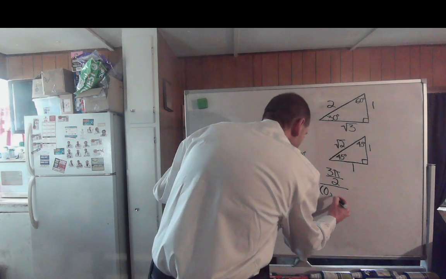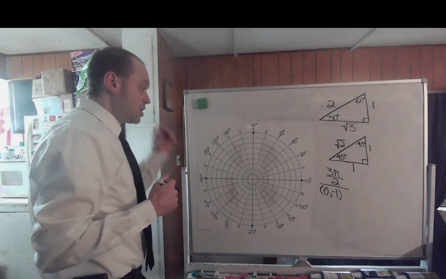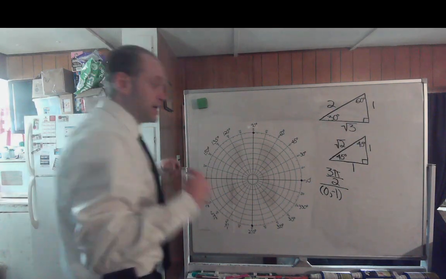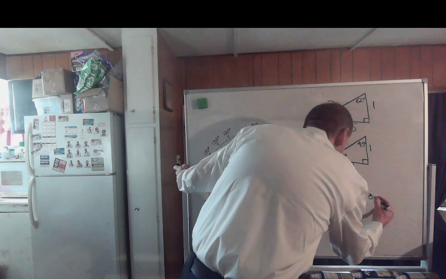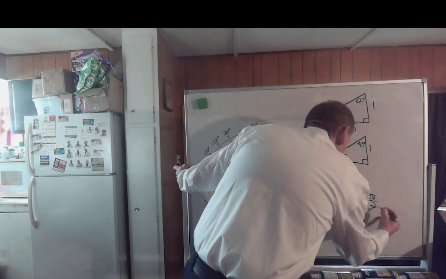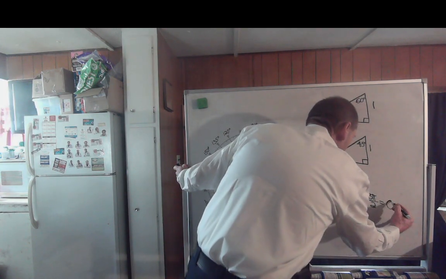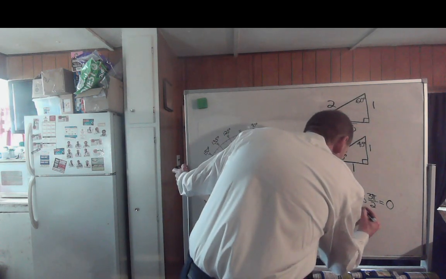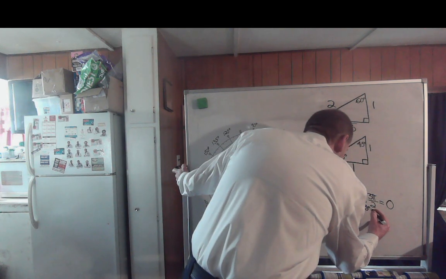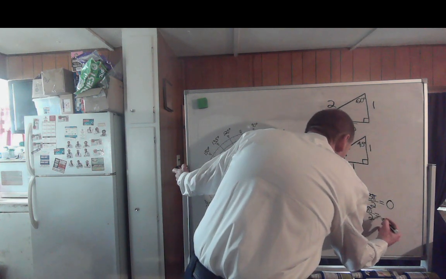That puts me at 0, -1, right? I'm at the point 0, -1. Well, my cosine's always my x-coordinate, which means my cosine of 3 pi over 2 is going to end up equaling 0. And then my sine's my y, so that means the sine of 3 pi over 2 would actually be -1.